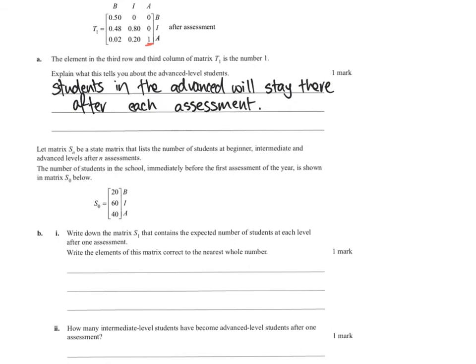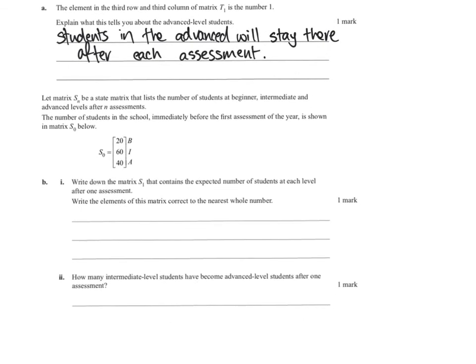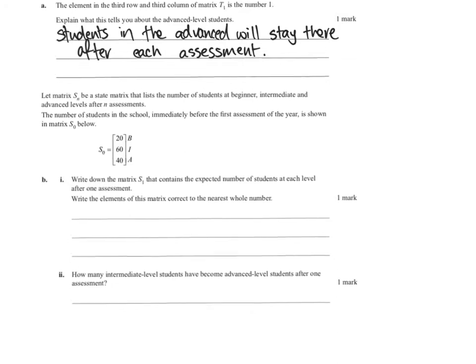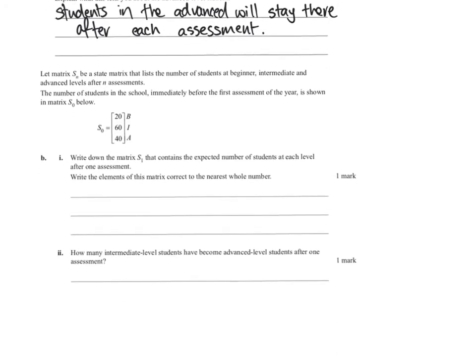Cool. All right, let matrix SN be the state matrix that lists the number of students at beginner, intermediate, and advanced levels after N assessments. The number of students in the school immediately before the first assessment of the year is shown in the initial state matrix below.